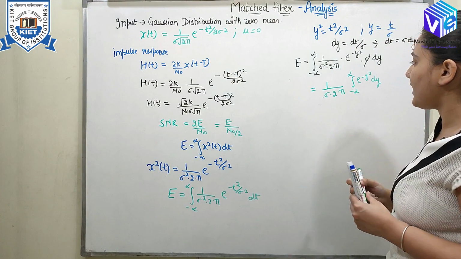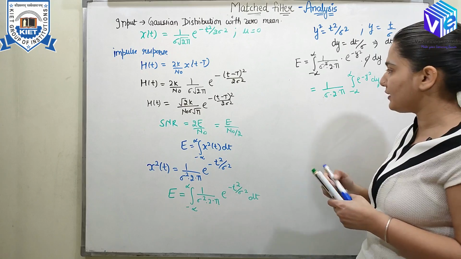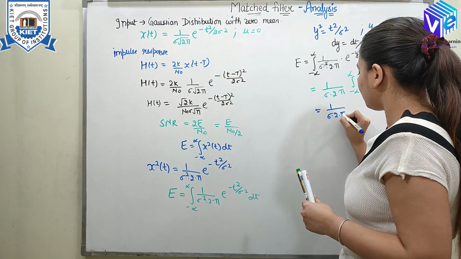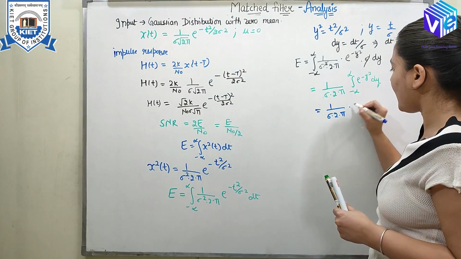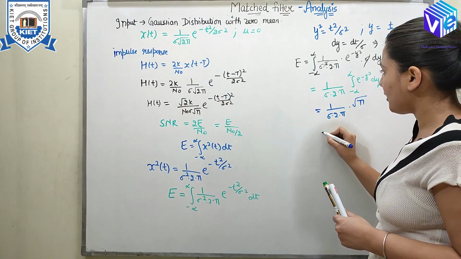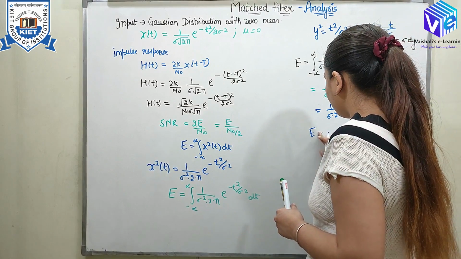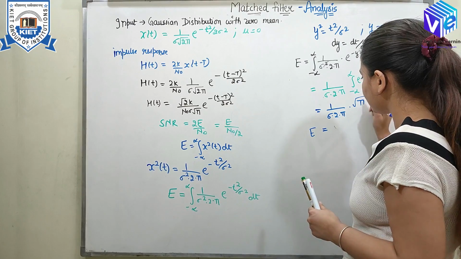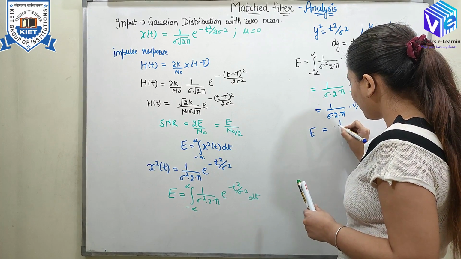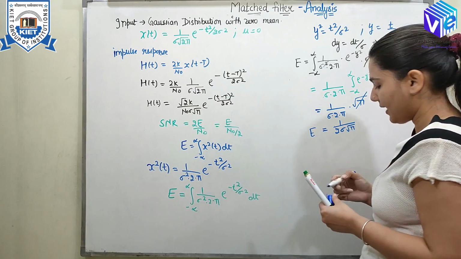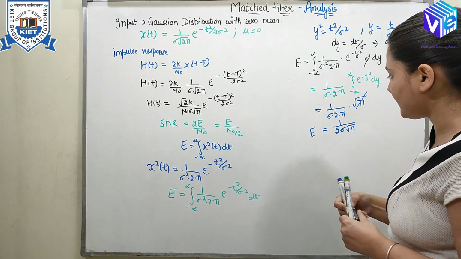Now I know the value of this integration. It is equal to under root of pi. So E is equal to, I can cancel out this pi, and I am left with 2 into sigma into under root pi. Now I need to find out SNR.